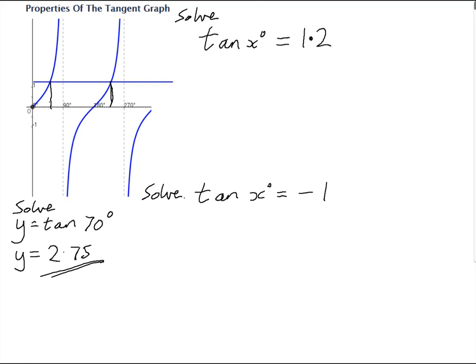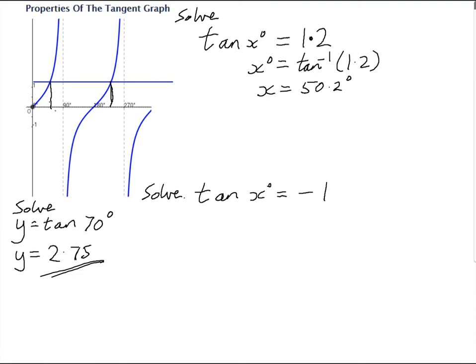So we do our inverse tan, x degrees equals inverse tan of 1.2. And that comes out at 50.2 degrees, which fits roughly. We're just past halfway between 0 and 90. That makes sense. Okay, and the next one, we're starting off at 180 and we're moving to the right a bit in the same shape as this.